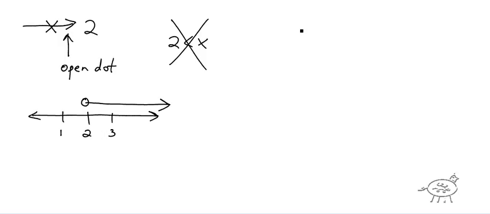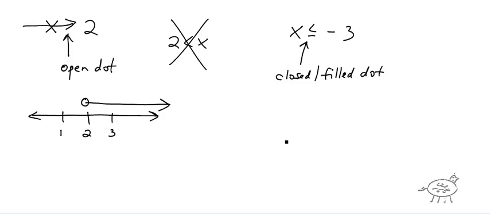Okay? If I have x is less than or equal to negative 3, if it's a less than or equal to, the equal to sign, that is going to be a closed or a filled dot. So that is going to be graphed. Again, put the negative 3 here.